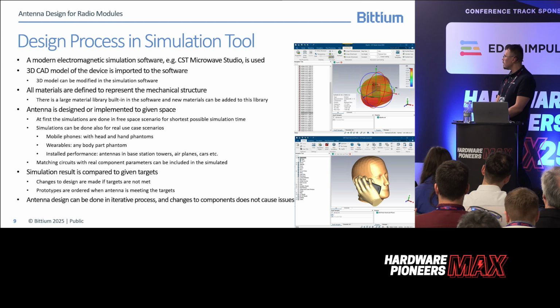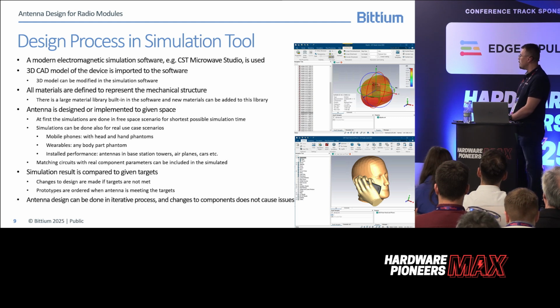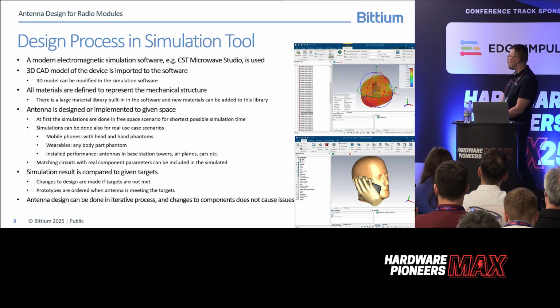When all of these things have been done, the simulation results are compared to given targets, and if those performance targets are not met, then we make changes to the design. As antenna design is an iterative process, changes can be made to components, and those do not cause issues while simulating in this kind of virtual environment.